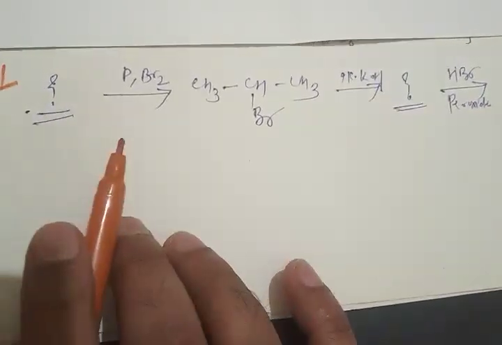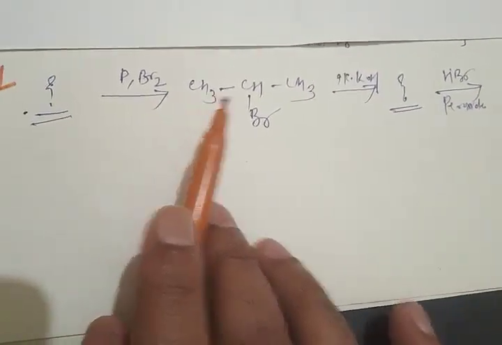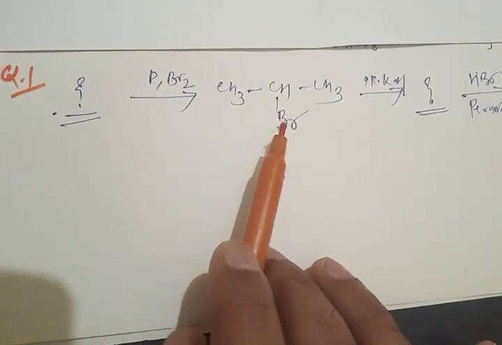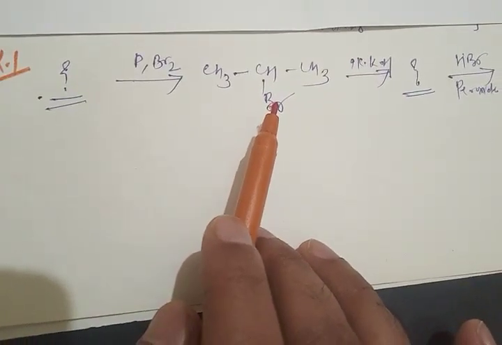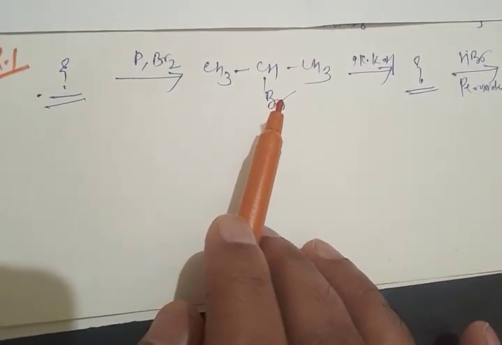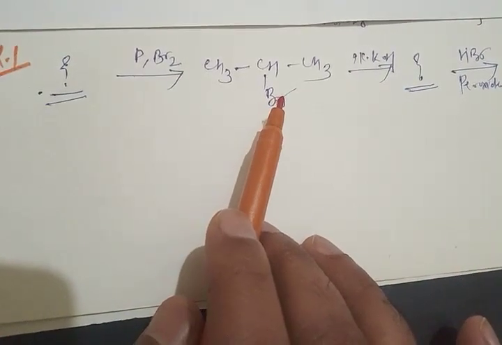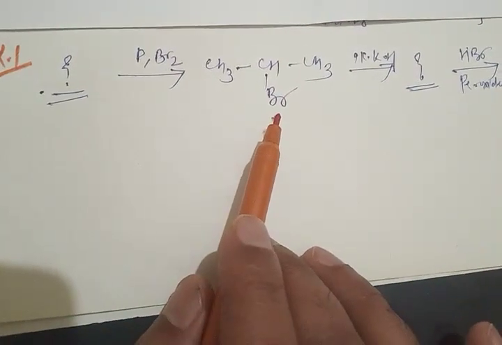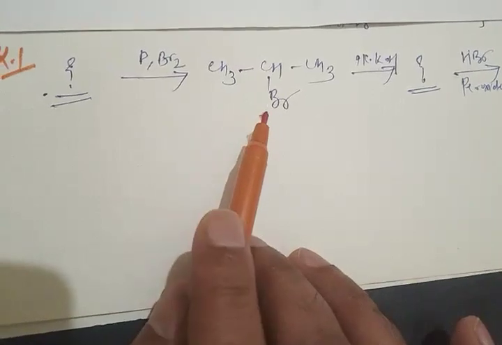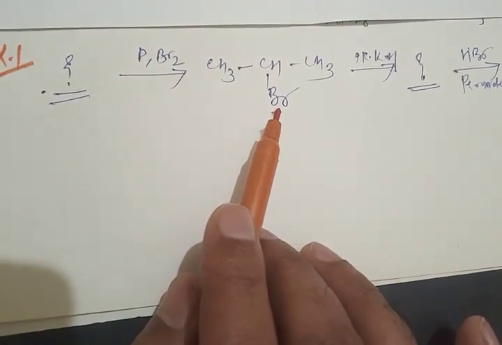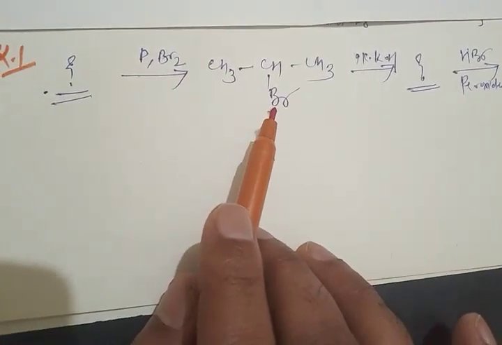So this was the question. PBr2, then this is the product. You need to identify that it is a bromine which is added. So this is the substitution, actually substitution by a nucleophile.